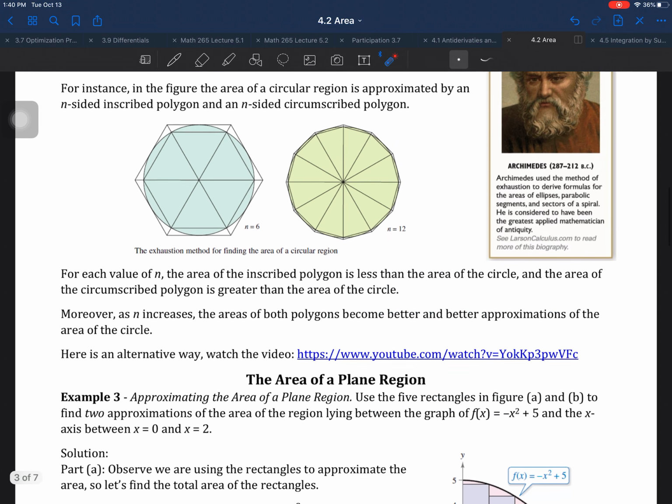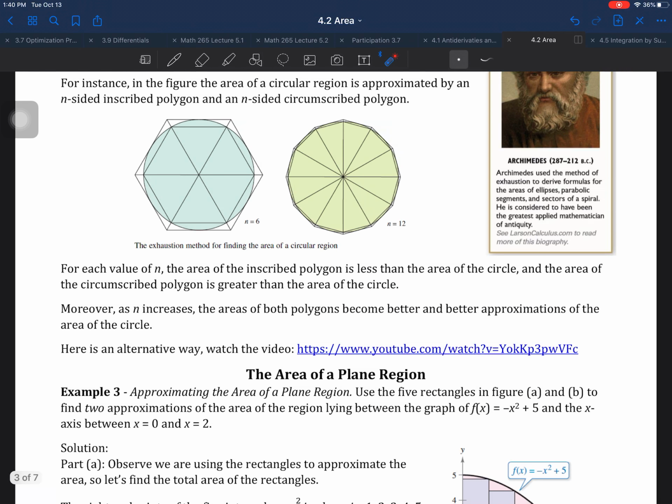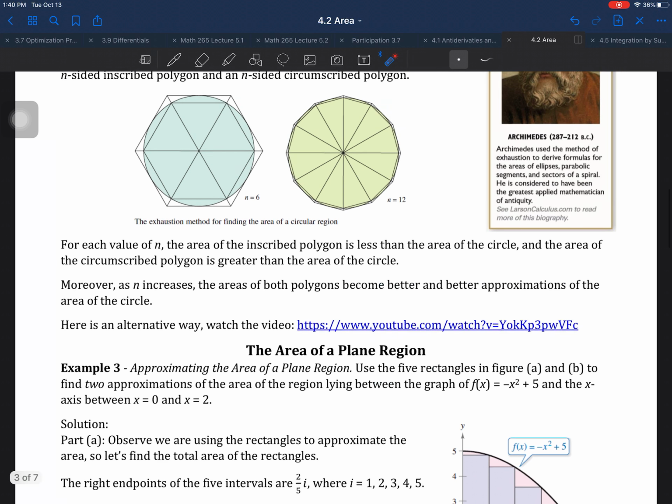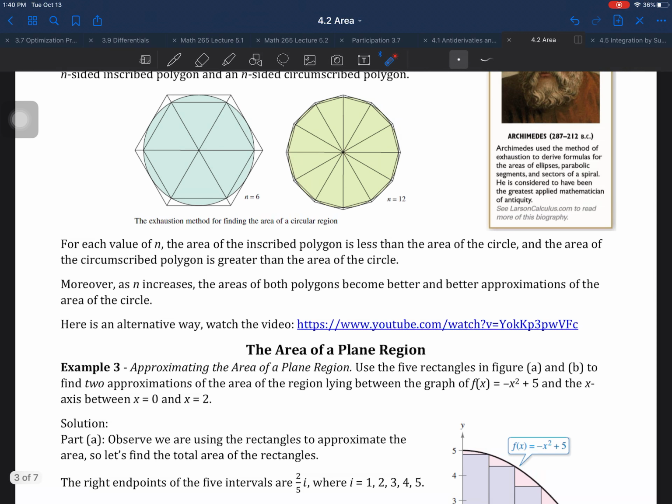Well, this concept is known as exhaustion. I don't know if the name came from the idea that you're pretty exhausted because you're adding 12 triangles versus 6 triangles. So there's a benefit and a disadvantage, right? You're doing more work because now you get to add more triangles.